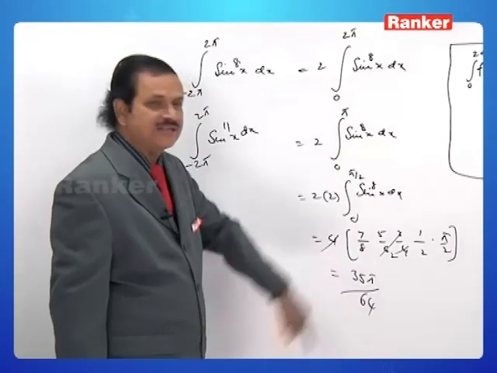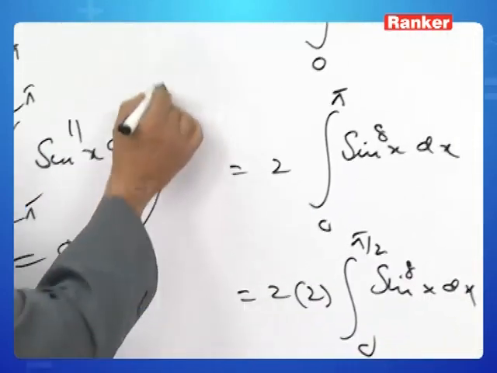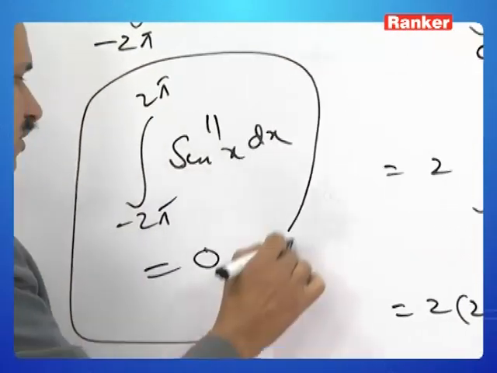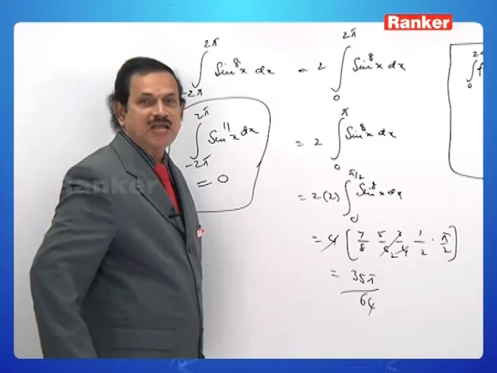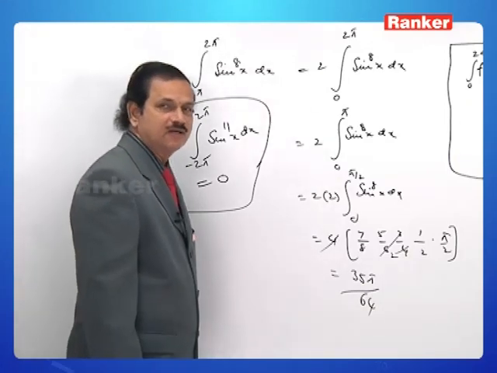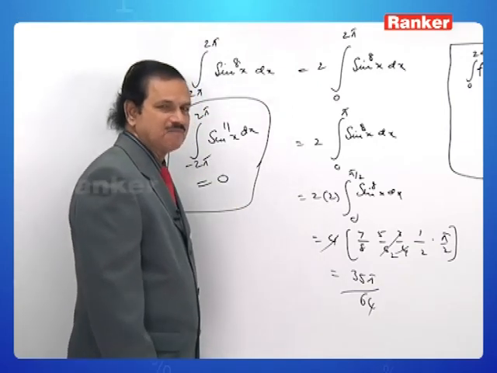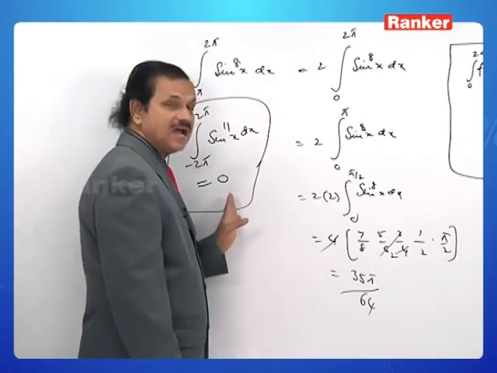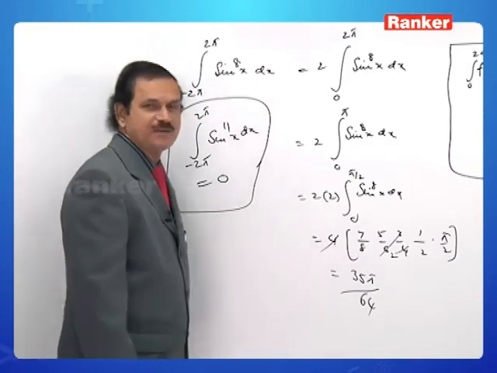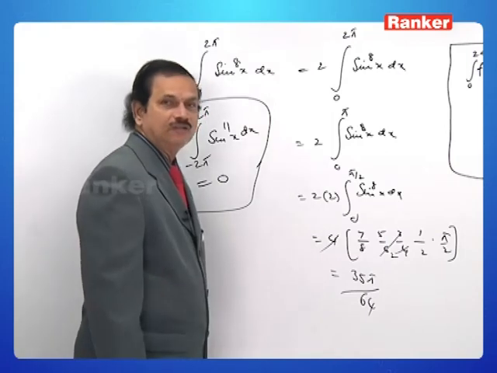The second case, hence the answer is 0. Mercilessly we put 0 because sine power 11x changes sign in the fourth quadrant, isn't it? So, sine power 11 of 2 pi minus x is nothing but minus sine power 11x. Hence the answer becomes 0 in the very first step itself.